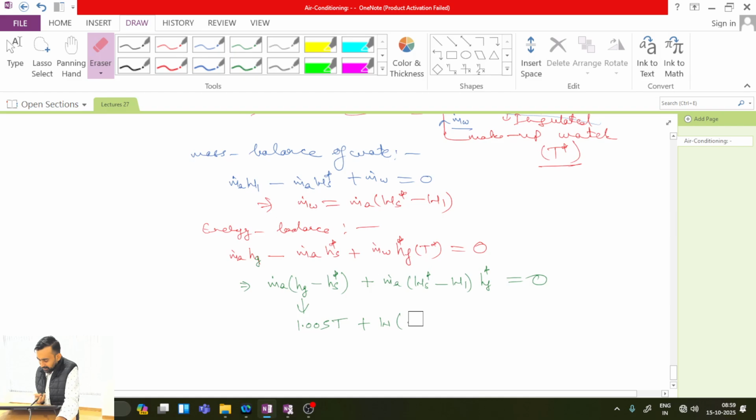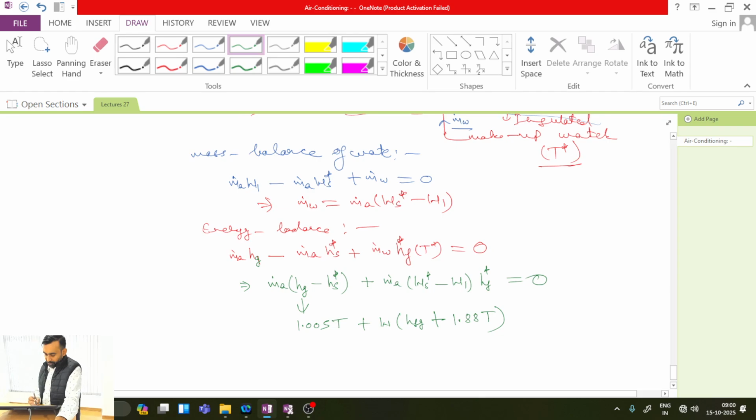Okay, let me write it in a generalized way: Hfg plus 1.88 into T. Clear or not?